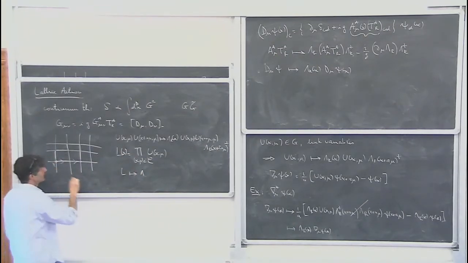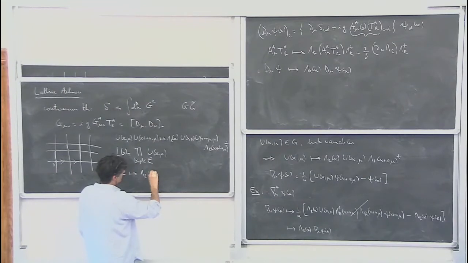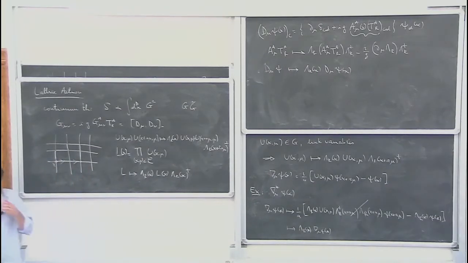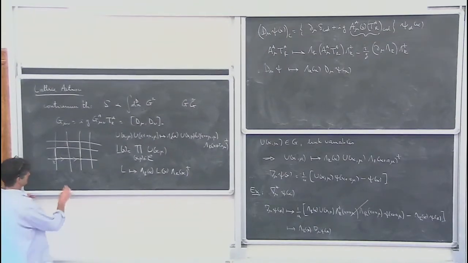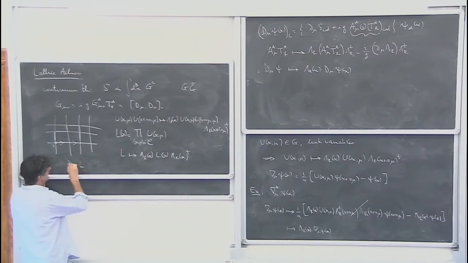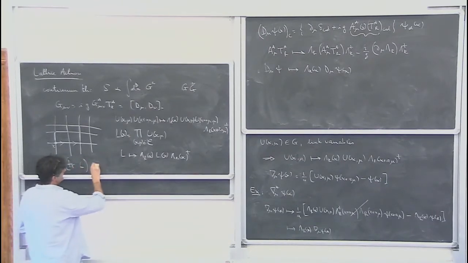Let's call this point here x. Then this will transform like that. Okay? And so the trace of L is invariant.